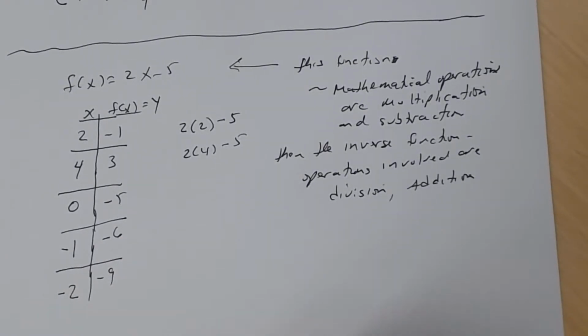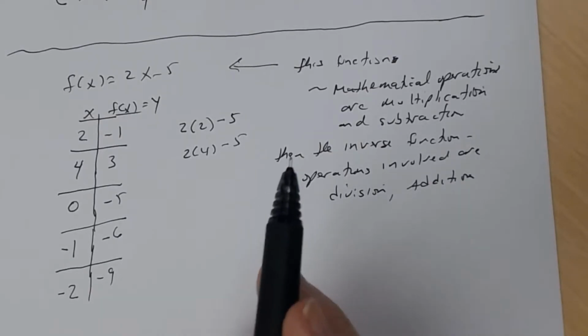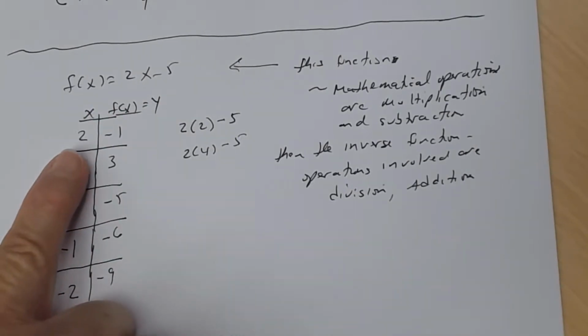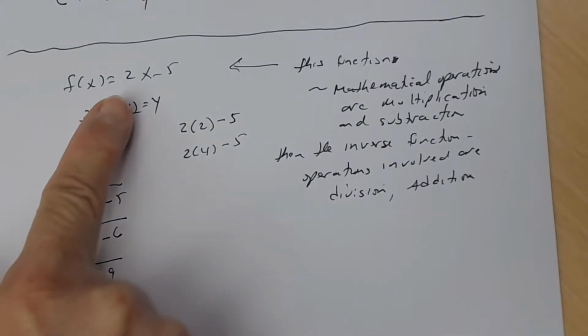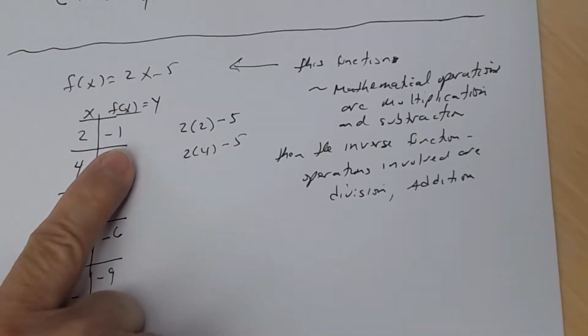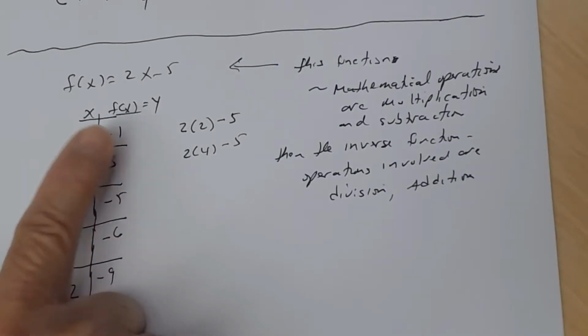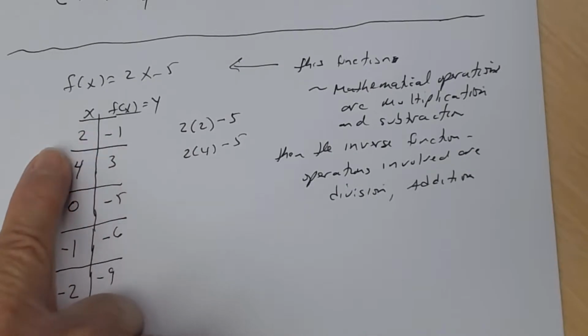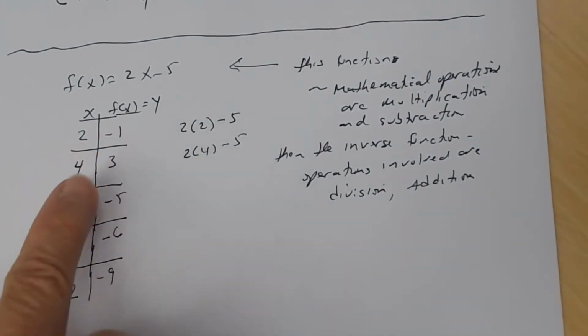Okay? All right. So remember, I'm trying to find the inverse function. So the inverse function undoes what this function does. If I substitute 2 into this function, I get negative 1 as my value. So I want to undo this. Basically, I want to go from negative 1 to 2, so it undoes what happened here.